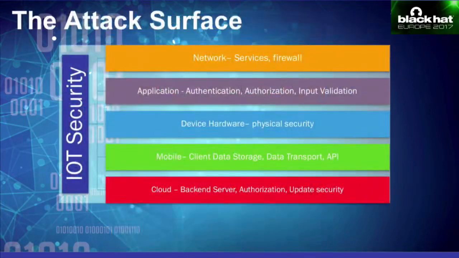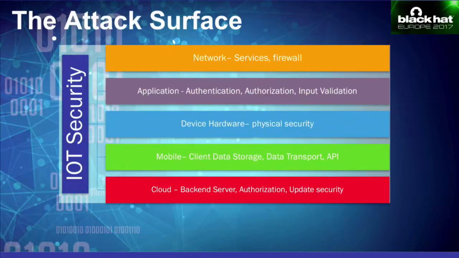Right, attack surface, I'll quickly touch upon it. An IoT device could be as small as this device or a huge device. They look like simple devices, but if you break it down, an IoT device would have a network layer, an application layer, probably a mobile interface, the hardware itself, and cloud infrastructure, so there's a whole support system.